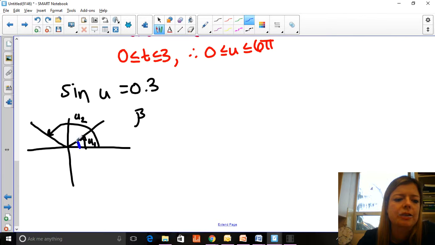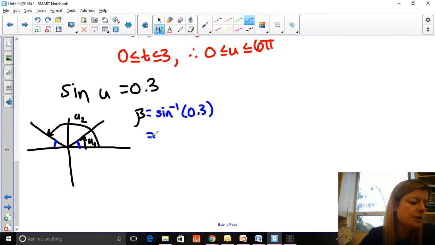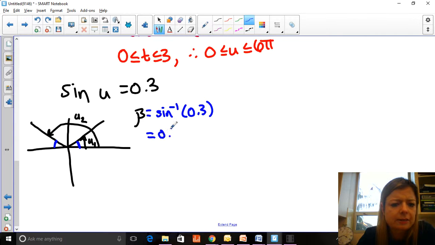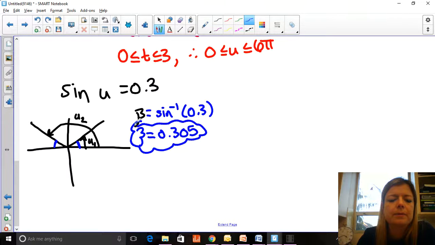In this case, it's actually the same as u1. So beta is equal to the inverse sine of 0.3. You just use your calculator, but make sure it's in radians. So beta is going to be 0.305.